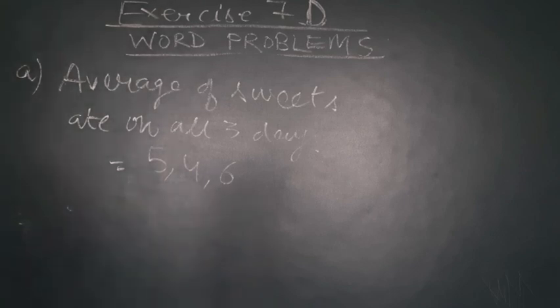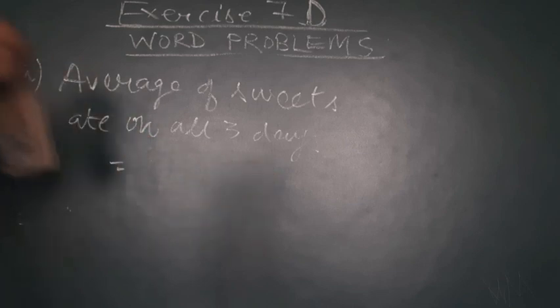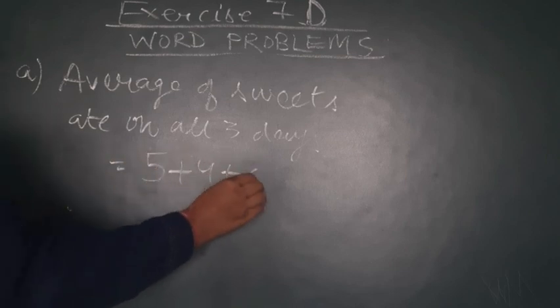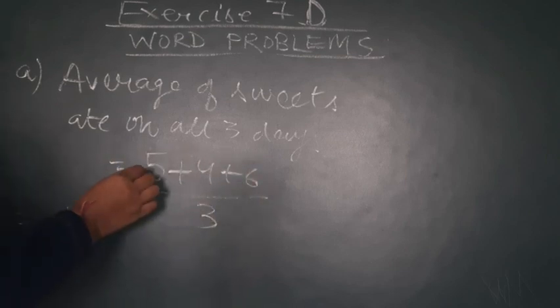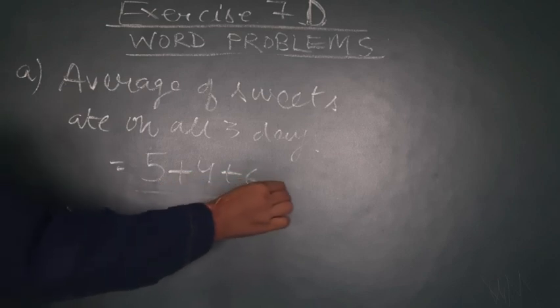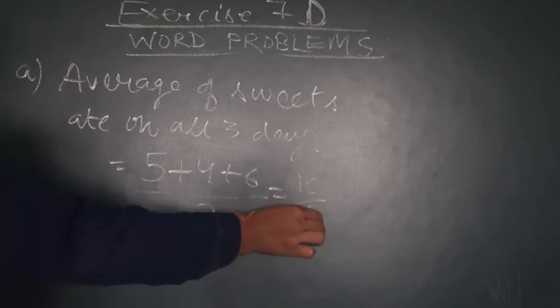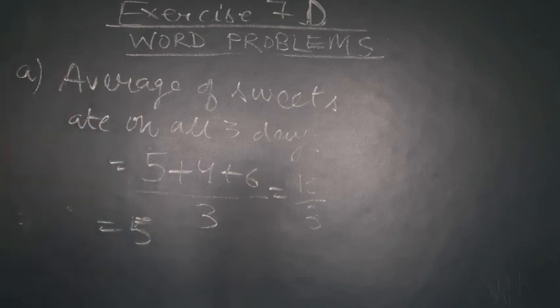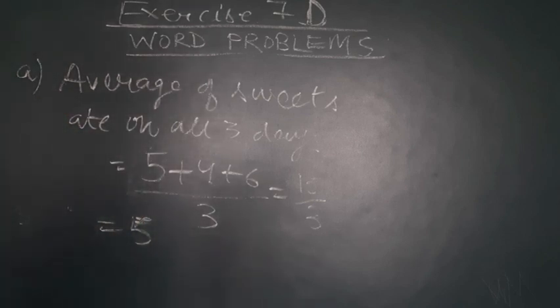So ascending order, it will be 4, 5 and 6. So the middle number is 5 only. But as per the question I am writing like this, 5 plus 4 plus 6 upon 3. It is 5 plus 4, 9, 9 plus 6 is 15 and 15 upon 3 is 5. So once you write all the numbers in ascending order, the middle number will be 5 only.